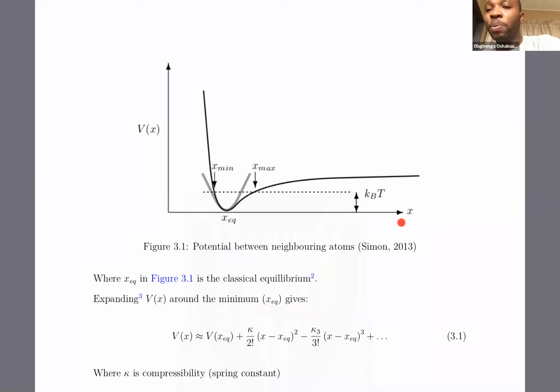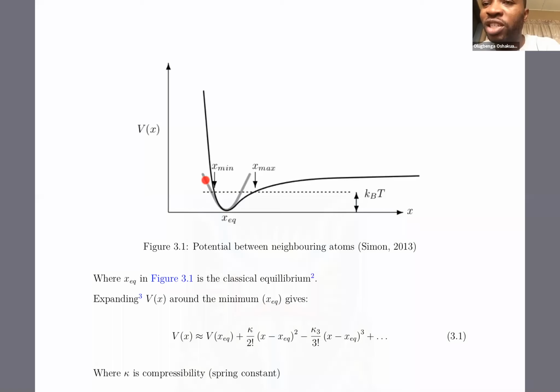What is happening on the top or the bottom is none of our business. What is happening in front and behind is none of our business. Our business is just on the left and on the right side of the atom. So the solid black line represents the potential.